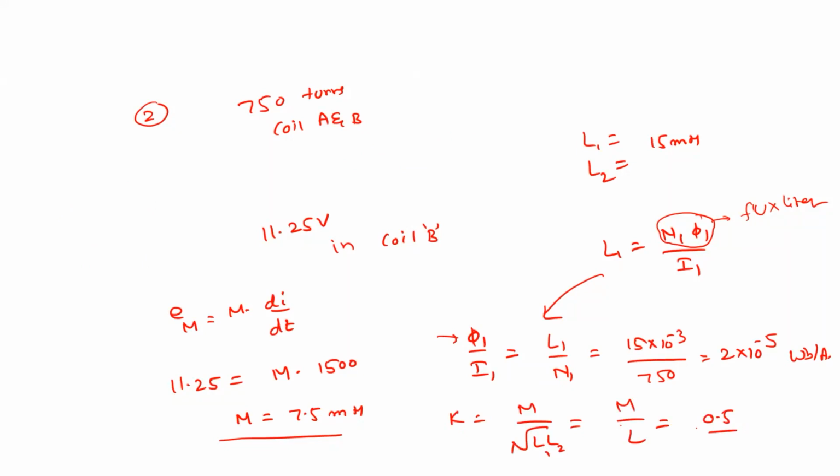So note down the next one. Two coils A and B with turns 12,500 and 16,000 are arranged in parallel planes.